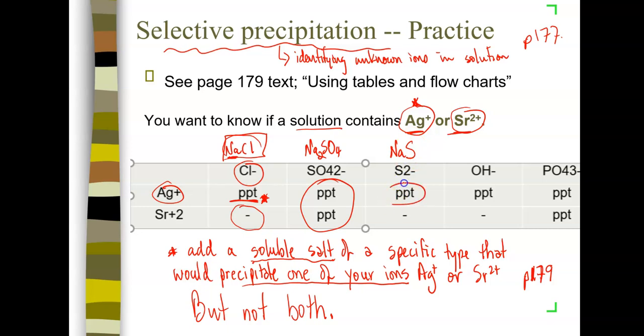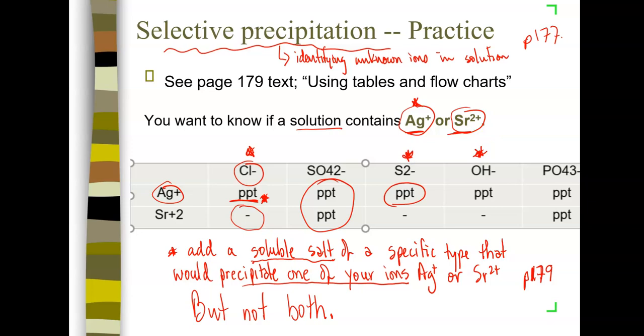Again, you would get a precipitate with the silver if it was silver. If the solution contained strontium, you would get no precipitate. But the fact that you got a precipitate or didn't would tell you which ion is present in the solution. So all in all, when we look at this chart, we're seeing that there are a number of different things that we could add: sodium chloride, sodium sulfide, sodium hydroxide.